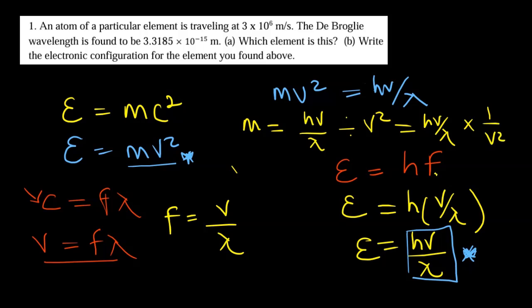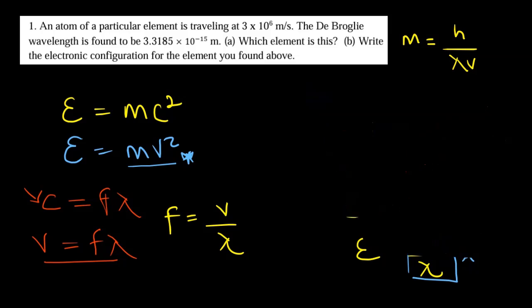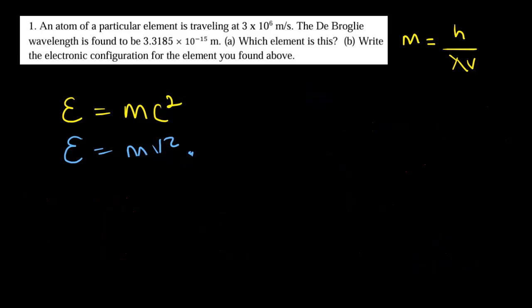From this we can see that the v will cancel with one of the v's in v squared. So our mass will just be equal to h divided by lambda multiplied by v, where v is the velocity or the speed. That equation is very important in answering question 1 that you can see here.